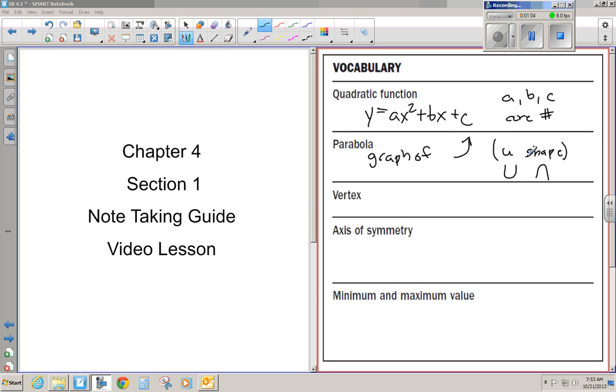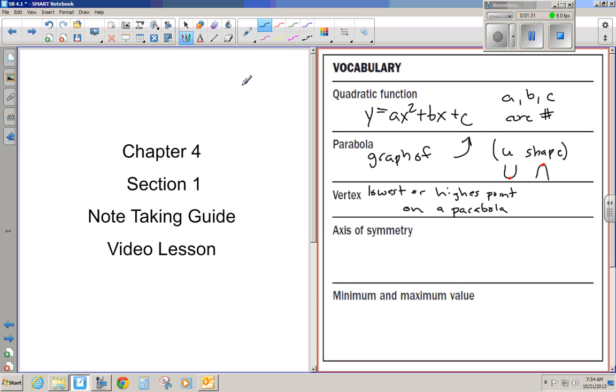The vertex is the lowest or highest point on a parabola. So basically this would be the vertex here, and this would be the vertex there.